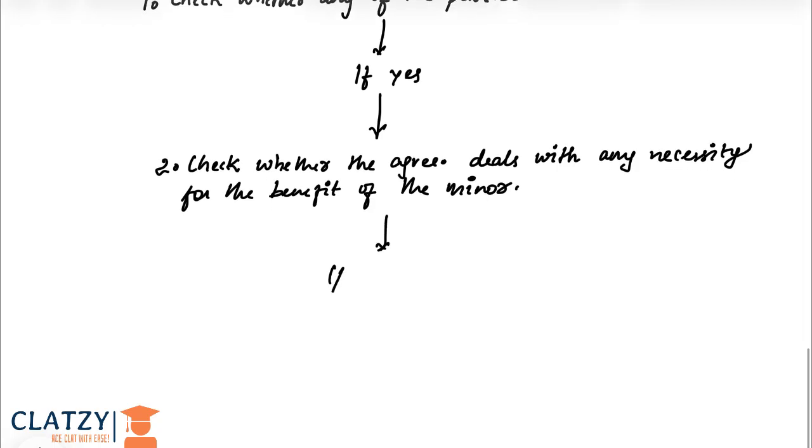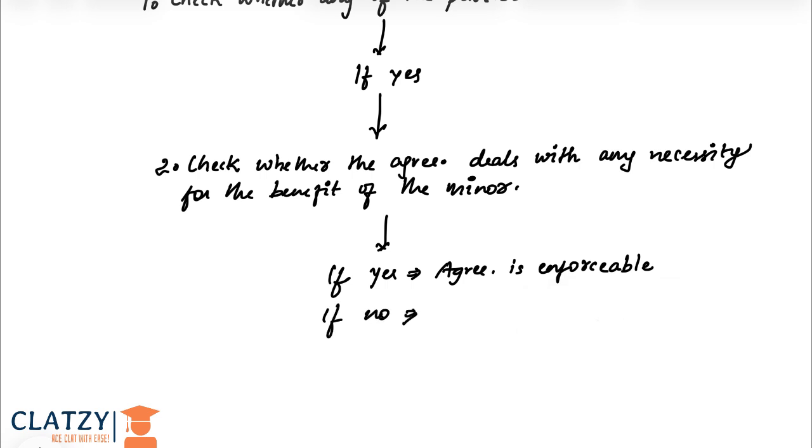If the answer is yes, the agreement deals with a necessity, then the agreement is enforceable, which means that the agreement is valid. If no, if the agreement with the minor does not deal with any necessity for the benefit of the minor, then the agreement is void ab initio.